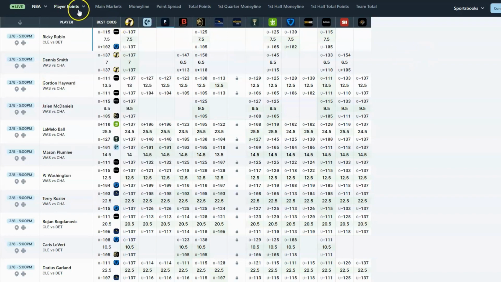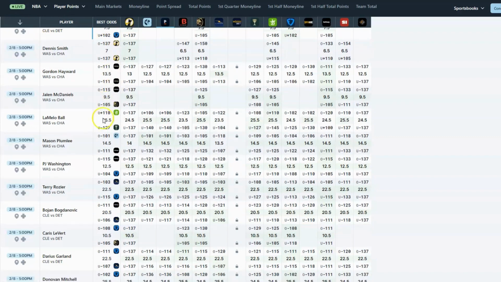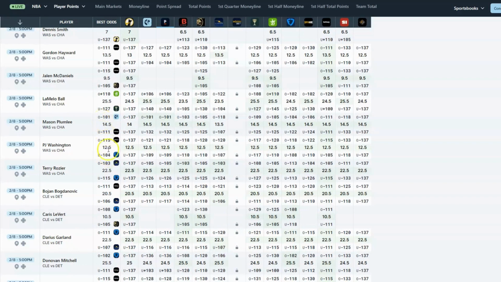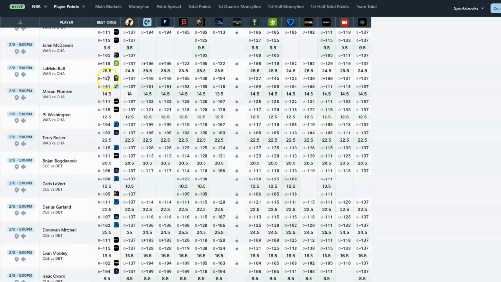So, for example, this is the player points market in the NBA based on today's games. A lot of these are minus 115, minus 110, minus 115, minus 110. But you'll notice that the points are different, and you'll see a point differential. You can see here this one's 25 and a half, and you can get some 23 and a halves. You see a little bit of variance, and a little bit more scattered.